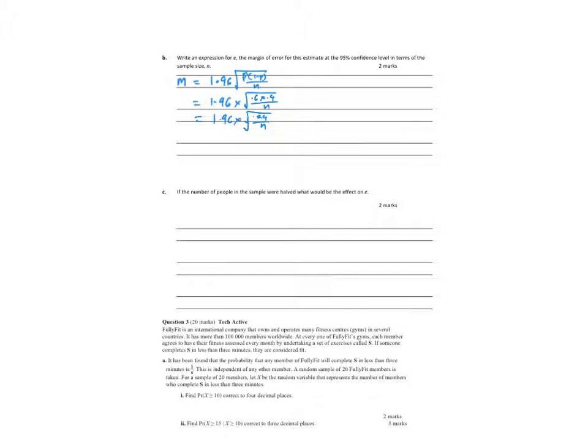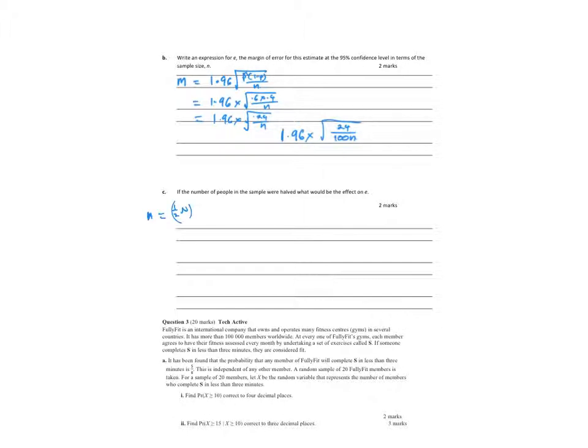I guess we don't often like decimals in fractions, so maybe we should put 1.96 times the square root of 24 over 100n, because there's my 0.24 on n. If the number of people in the sample were halved, what would be the effect on the error? So that simply means that n is equal to a half n, if you like.